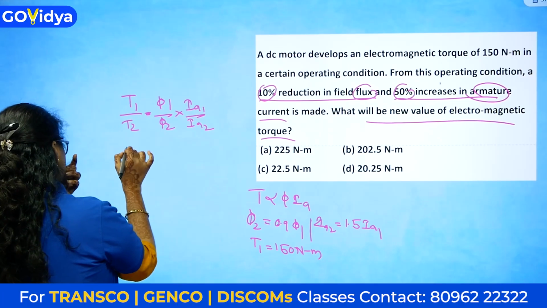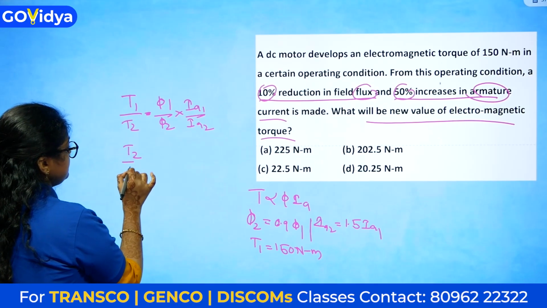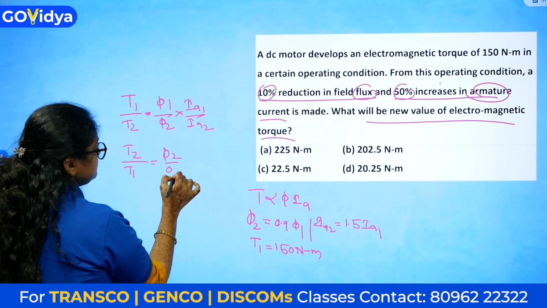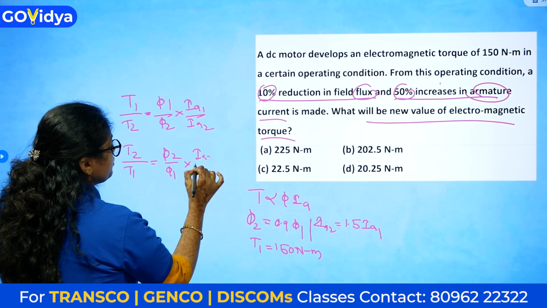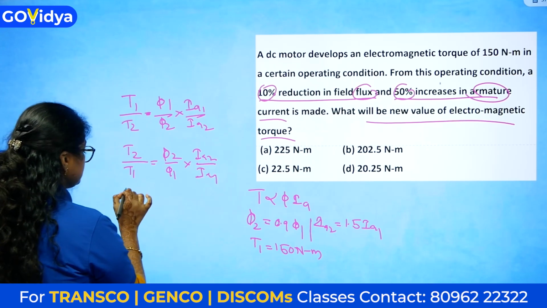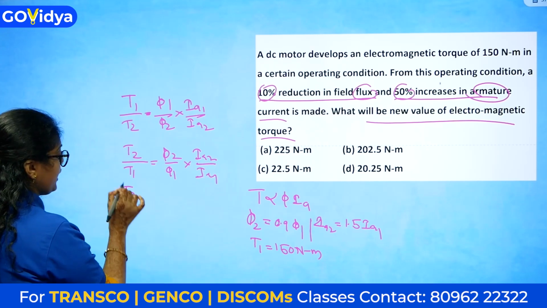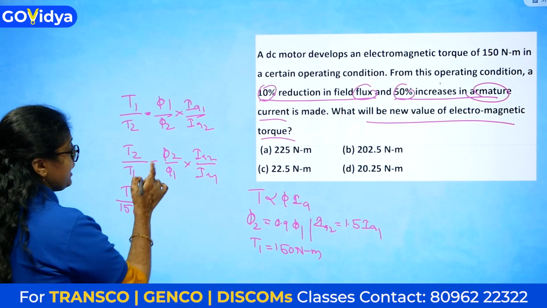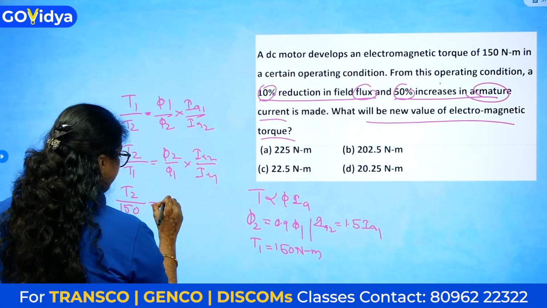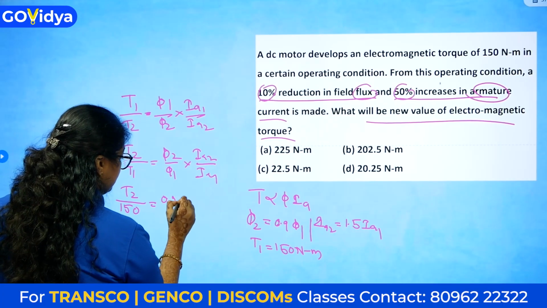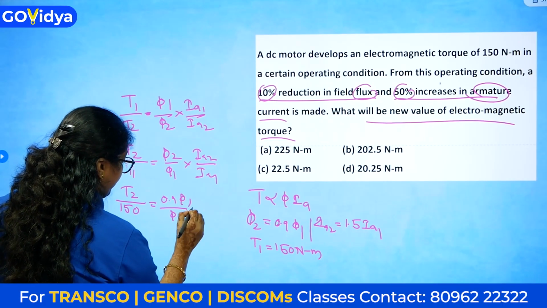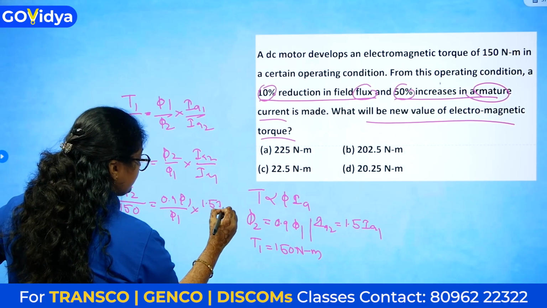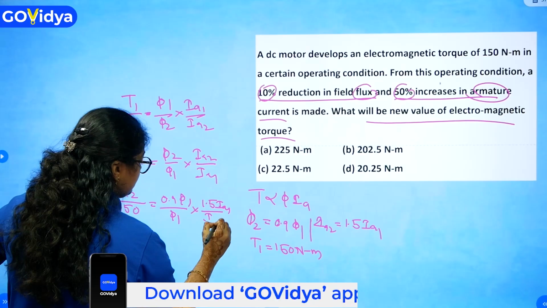For simple calculation, we just reverse it: T2 by T1 is equal to phi 2 by phi 1 into Ia2 by Ia1. I know T1 is 150 Newton meter, phi 2 is 0.9 phi 1, and Ia2 is 1.5 Ia1.